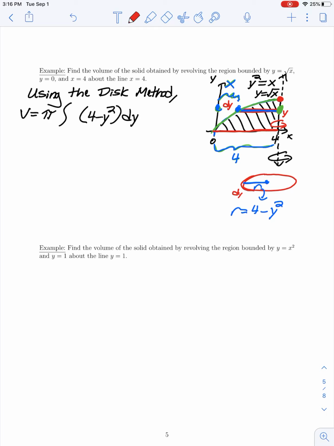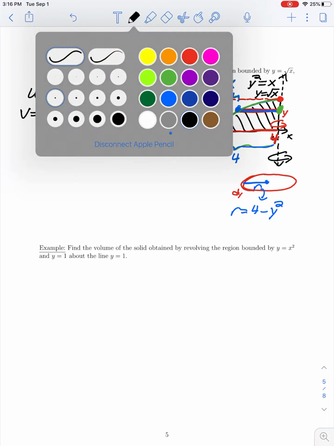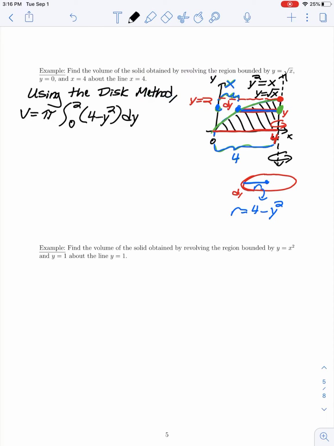Now, how do we find this y value? Well, this value corresponds to the square root of 4. So our x value on that edge was 4, so y, being the square root of x, would be 2 at that edge. So we're going to integrate from 0 to 2.